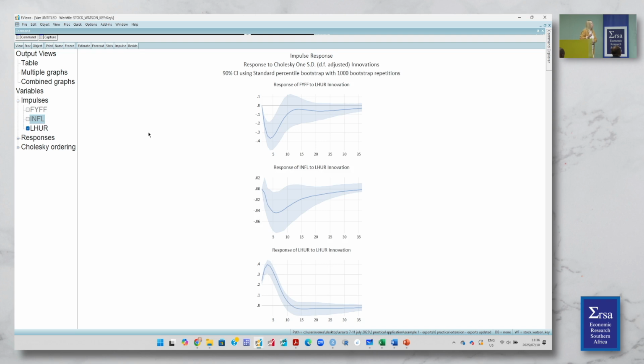How about if there's any indication or some suggestion that the Fed will respond to rising unemployment? If unemployment is increasing, it seems there's some room for the Fed to step in and lower interest rates. This is what we see here.